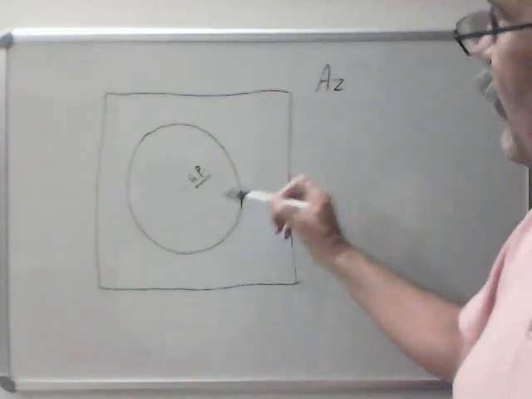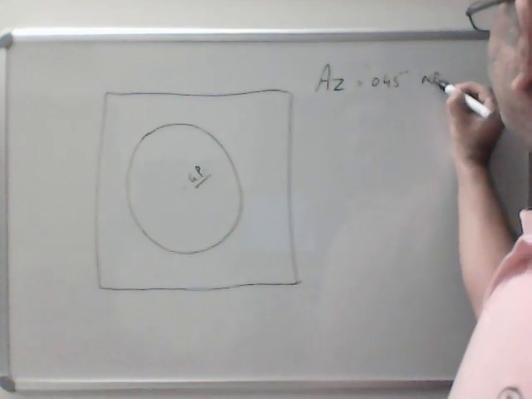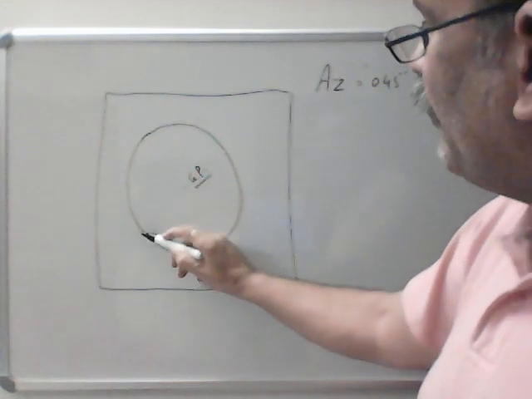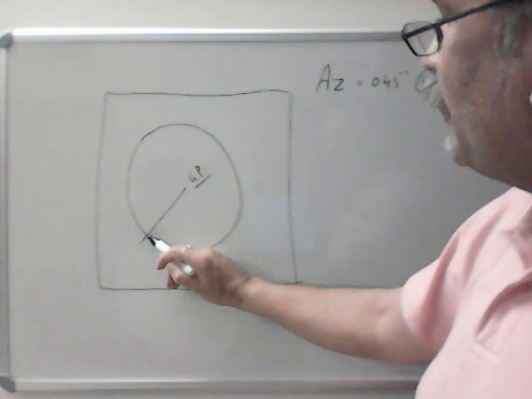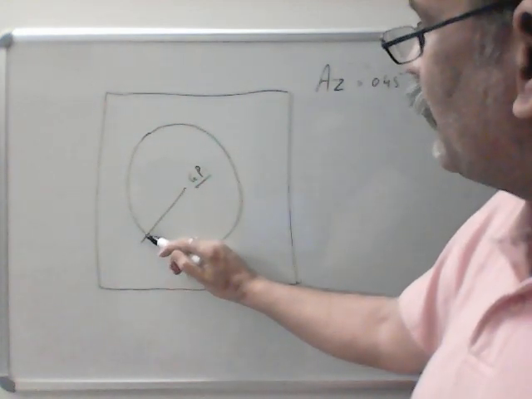So if you plot this circle and you get an azimuth of, let's say, 045, which means northeast direction. So from here, if you make a line northeast, that means your ship is on the circle, as well as she is somewhere on this line. So she is somewhere here.